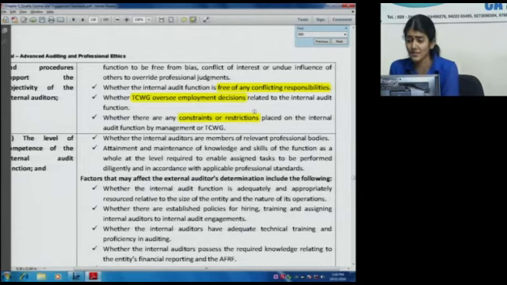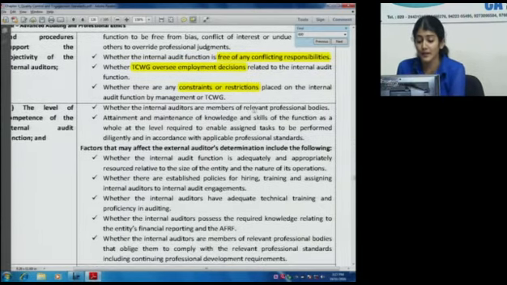The organizational status, yes. Then free of conflicting responsibility, who appoints them, and are they free of any restrictions on scope on their work. Then the level of competence of the internal audit function, that is, are they the members of the relevant professional bodies? Do they have the knowledge and the skills as a whole at the level required to do the work?